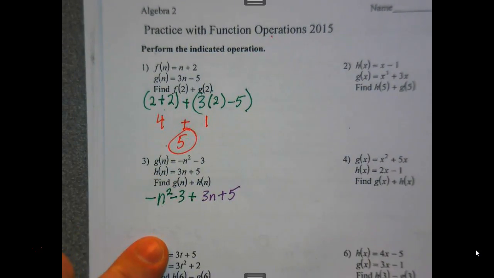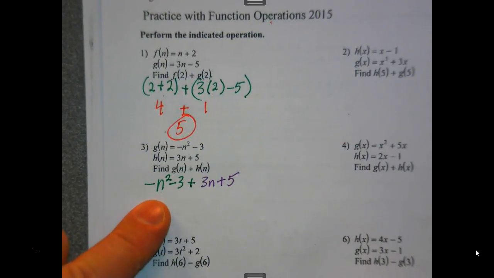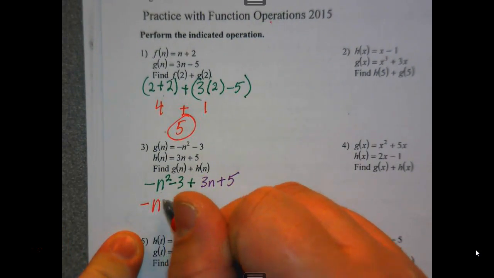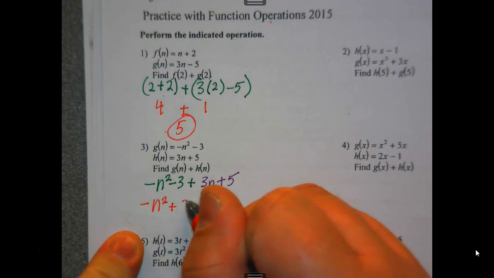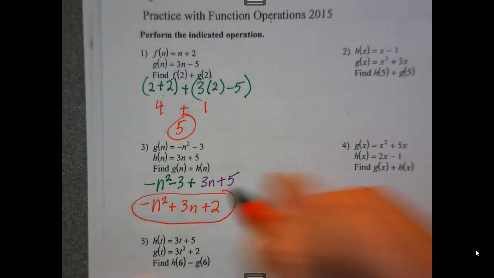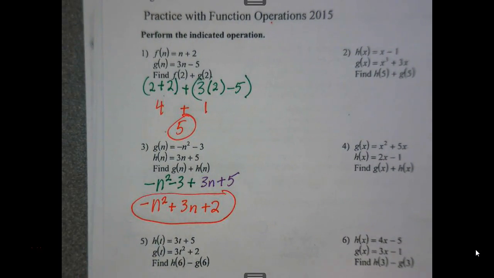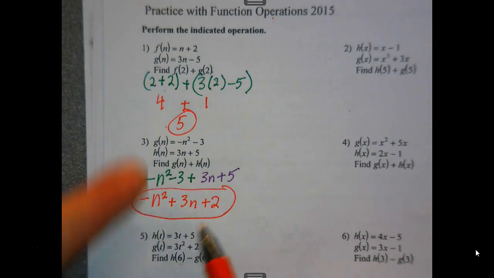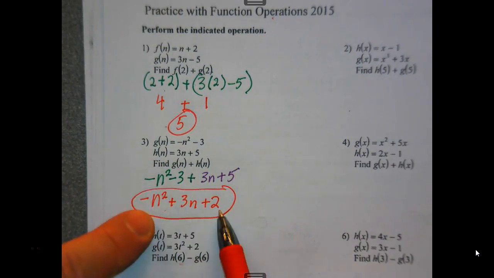So you don't have to evaluate it because there's no numbers. So this equals negative n squared plus 3n plus 2. Okay? If there's a number, you have to evaluate it. If there's no number, just leave them as variables.